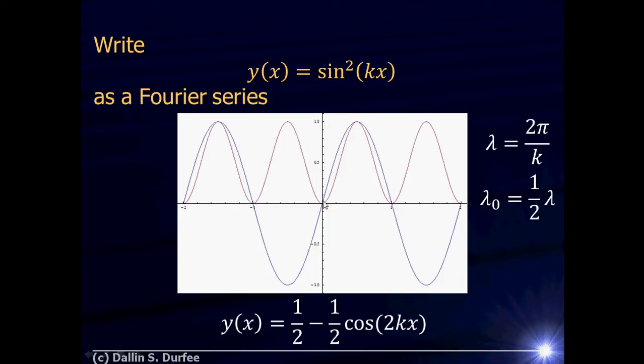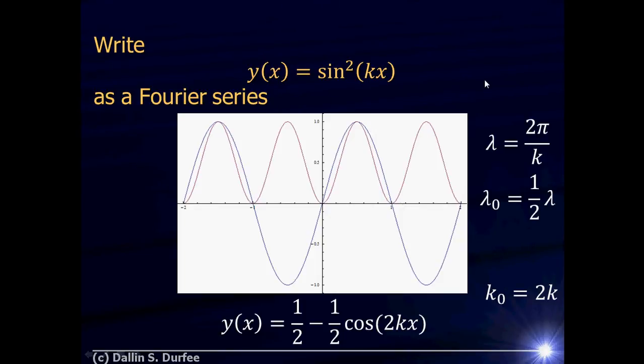My sine function repeats from here to here, but sine squared repeats in half that distance. So the fundamental wave number, k naught, with which this sine squared function repeats is just 2 times the k in that equation right there.